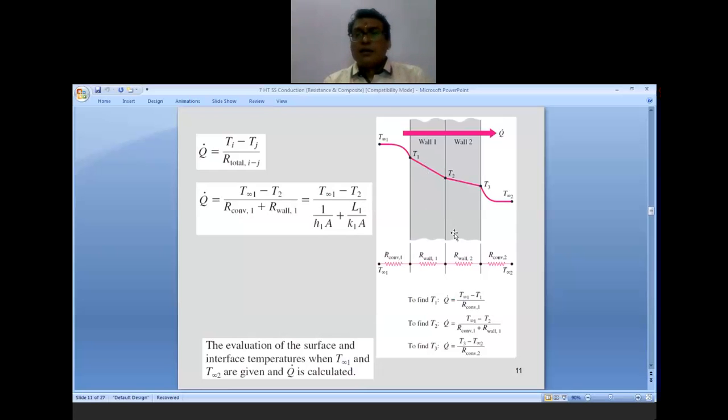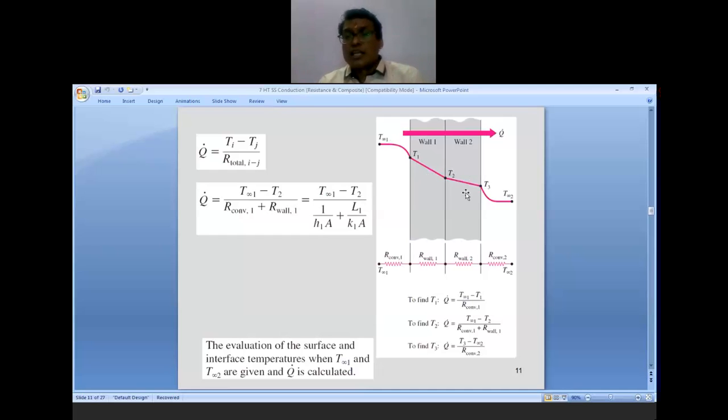Then for T3 and T infinity 1, there will be three resistances taken. The first resistance is because of the conduction wall, and the wall convection.